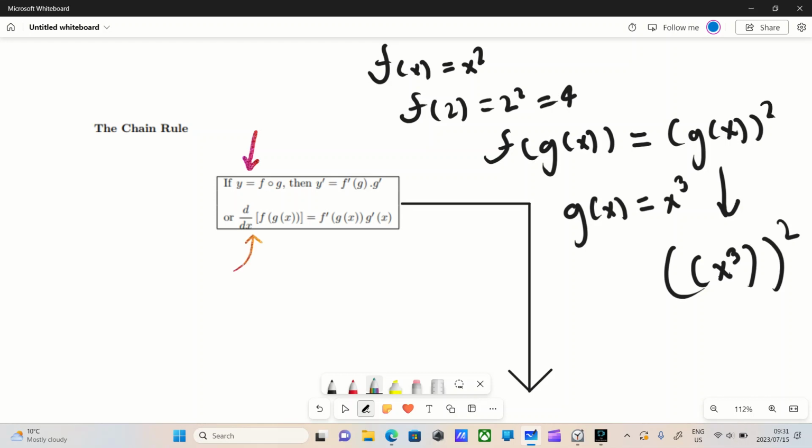This states that the derivative of a function f that takes as parameter another function g is equal to the derivative of the first function, in this case f, just multiplied by the second function g, all of that multiplied by the derivative of g. Let's go ahead and show you.